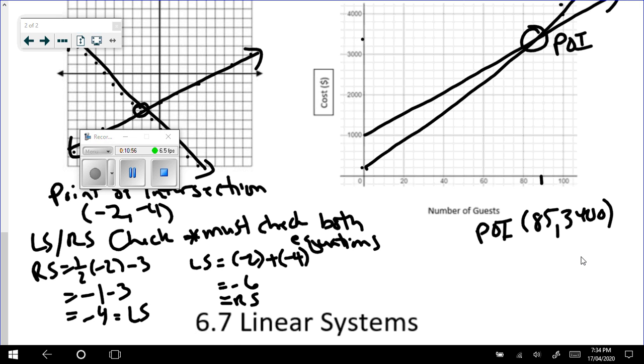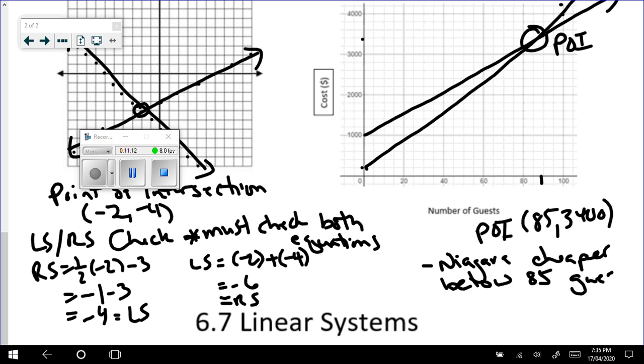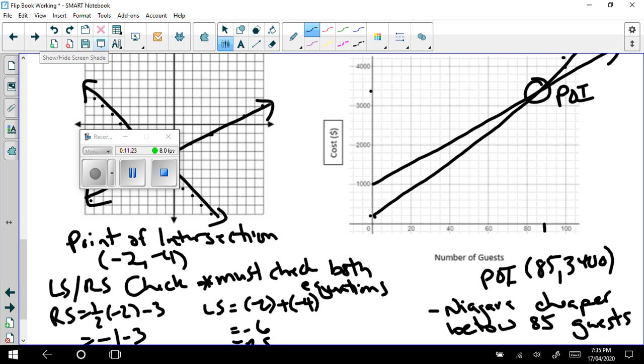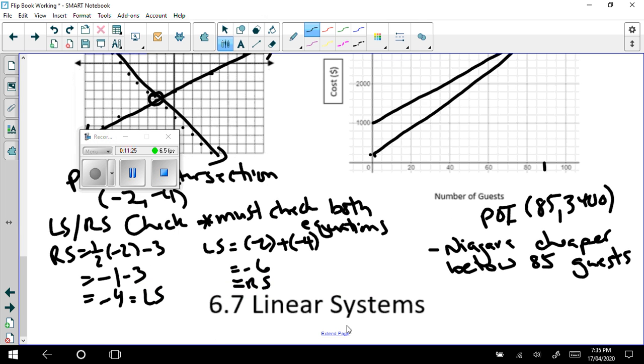The thing is, I can't extend this. Cool. There we go.